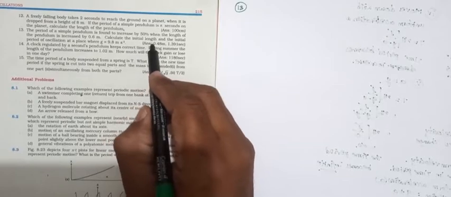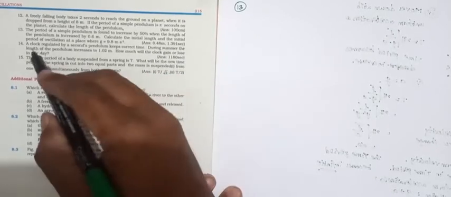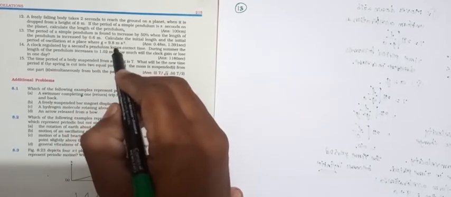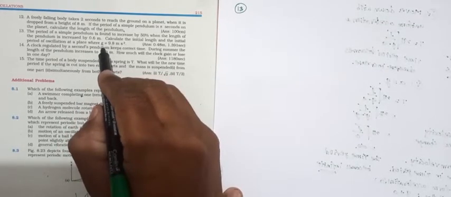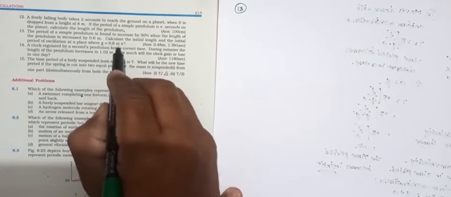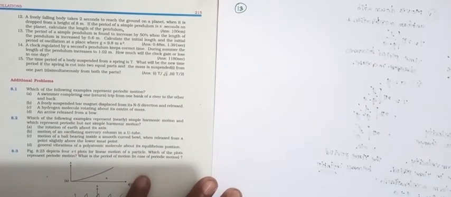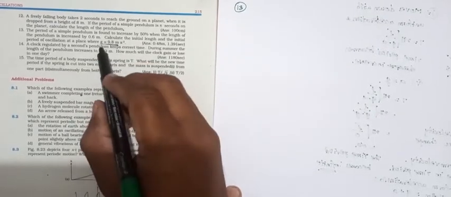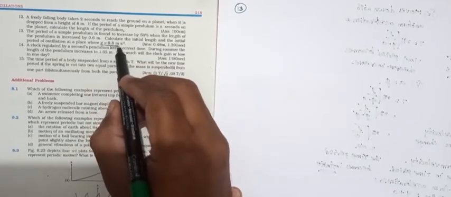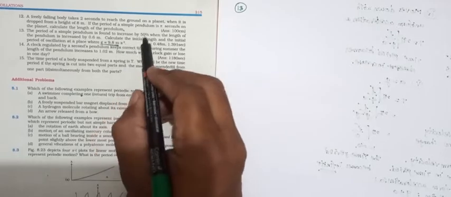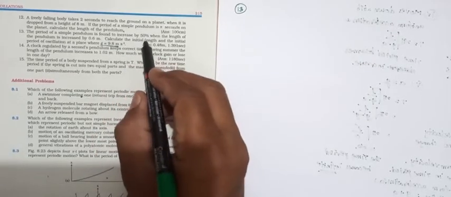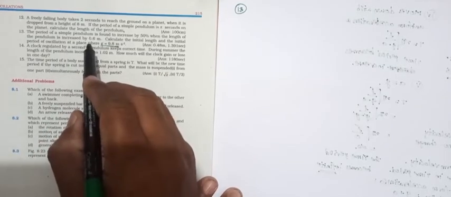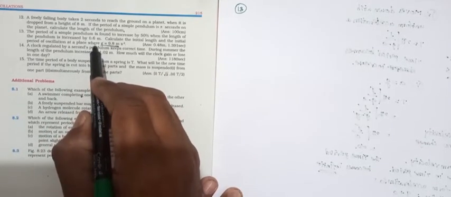Calculate the initial length and the initial period of oscillation at a place where g equals 9.8 meter per second square. So here the acceleration due to gravity is constant, the time period is increased by 50% and the length is increased by 0.6 meters.